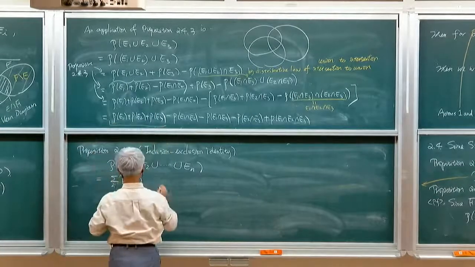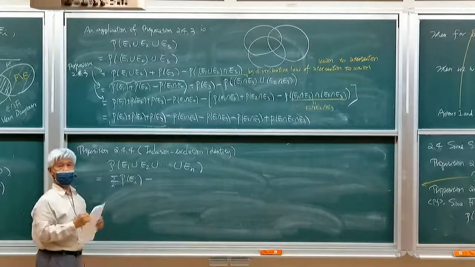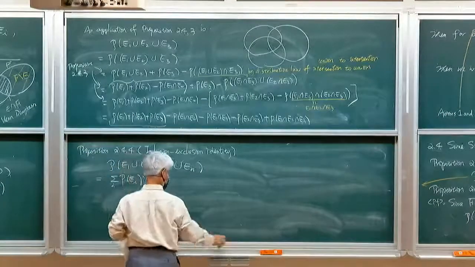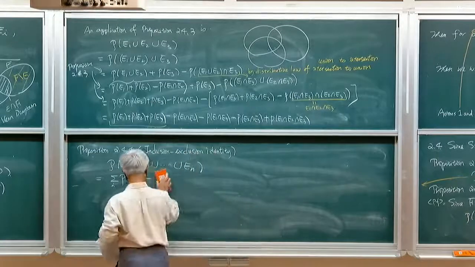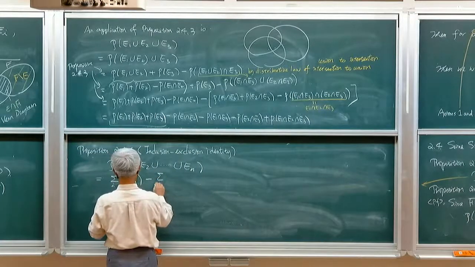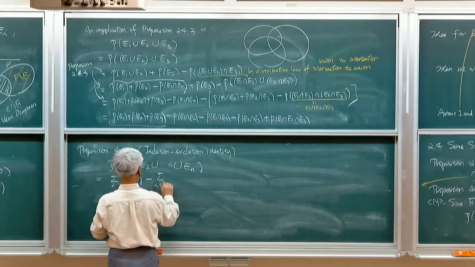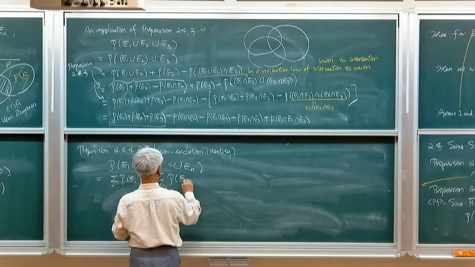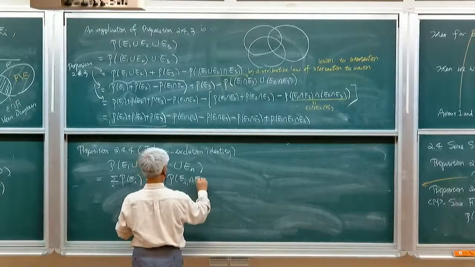And then exclusion: minus pairs, the sum over I1 less than I2 of the probability of EI1 intersect EI2.